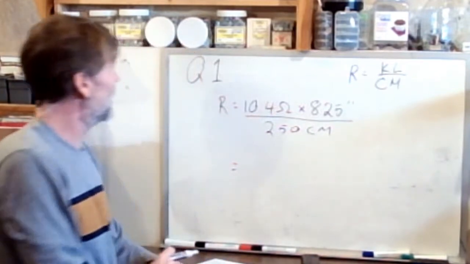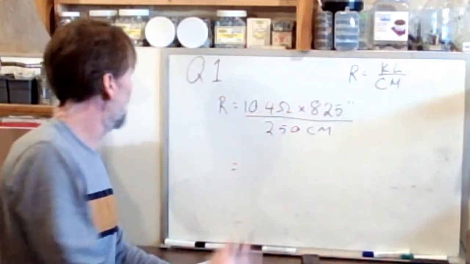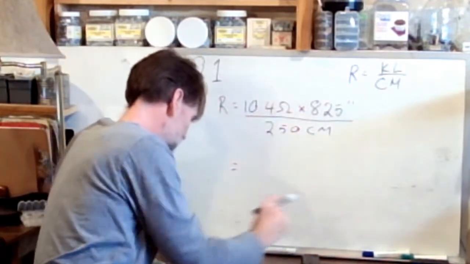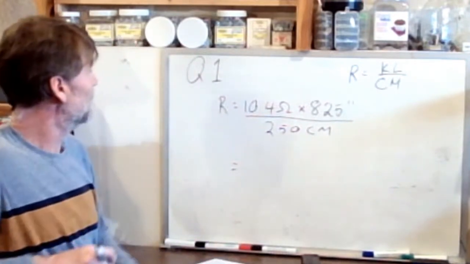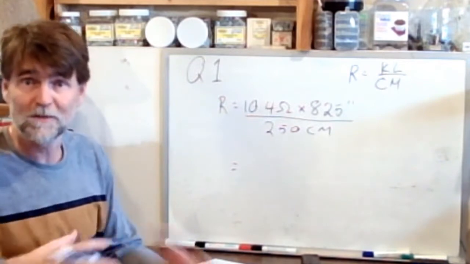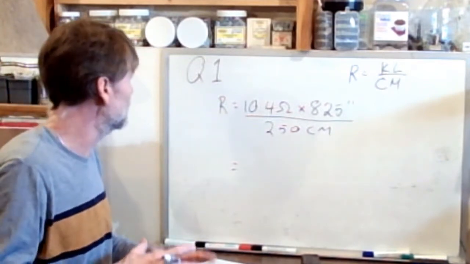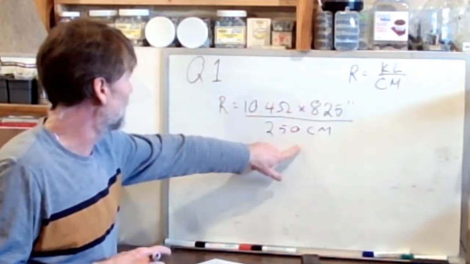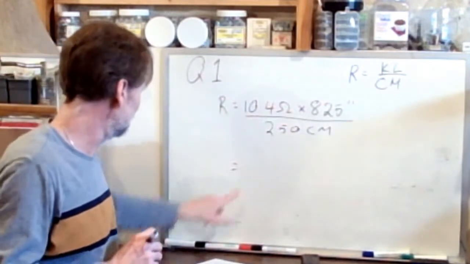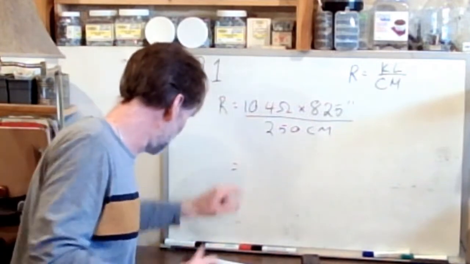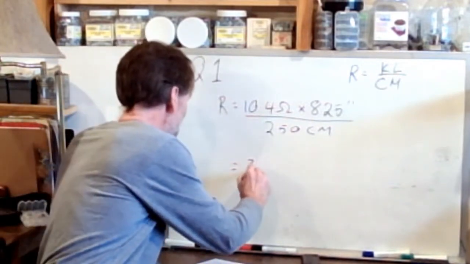So when we calculate that all out, the 10.4 ohms times 825 divided by 250, the order of operation here doesn't matter, multiplication and division, whether you multiply these and then divide it, or whether you just plunk it all into your quick calculator and let it figure it out, it doesn't matter. You will end up with 34.32.